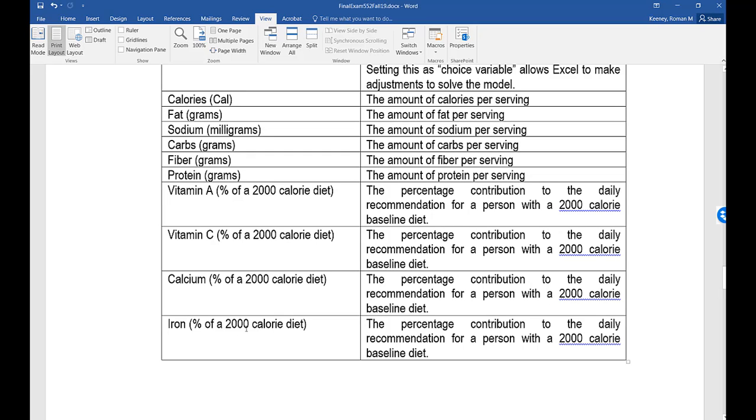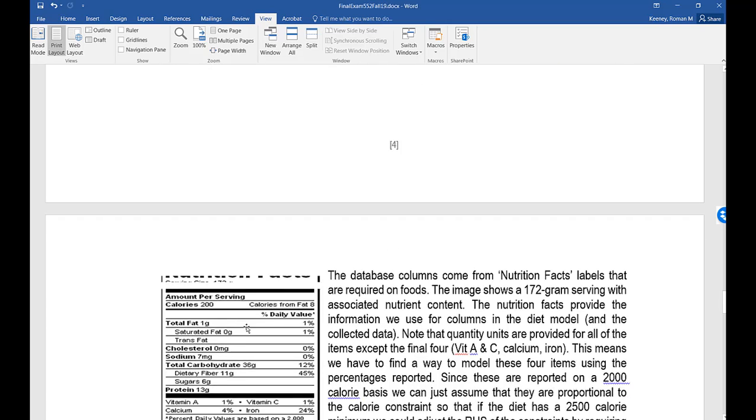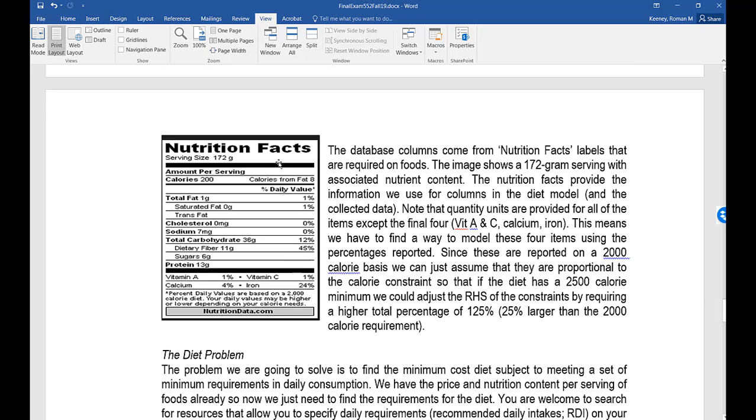If you have some higher calorie amount, you could just proportionally scale that up, treating the calories as a mass equivalent.